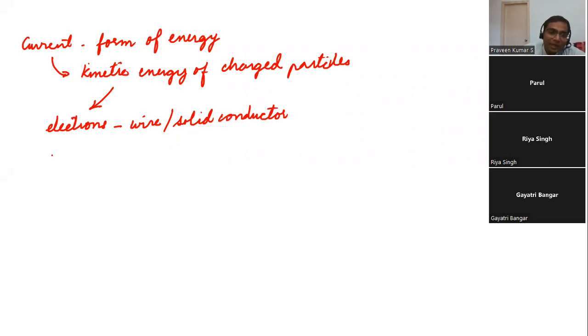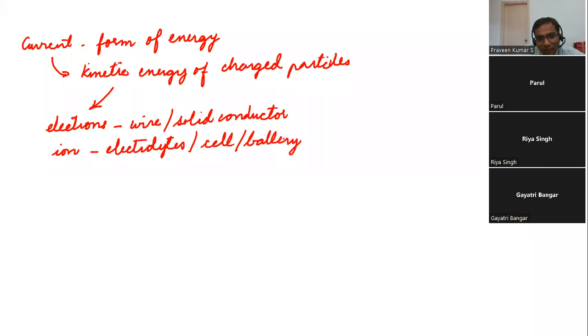These charged particles can be an ion in electrolytes. Or for example, if you take a cell or a battery, the charged particles are both electrons and ions.